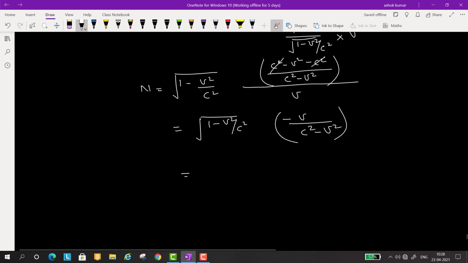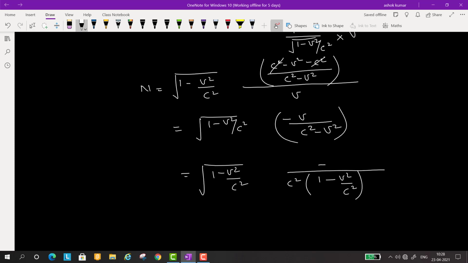So we are to now simplify this. C square is common, minus v, so it is minus v upon c square, 1 upon, these will cancel out and it will be square root. This is n. So this is equation number 14.